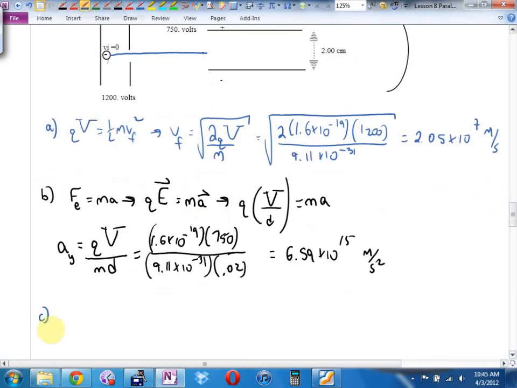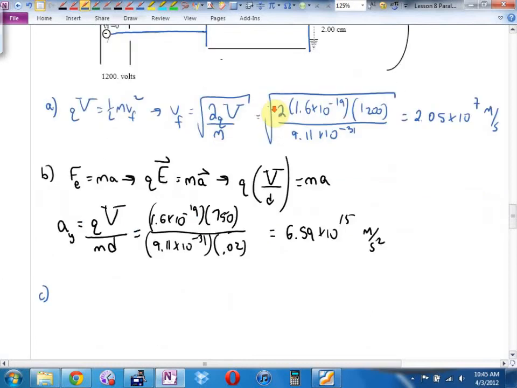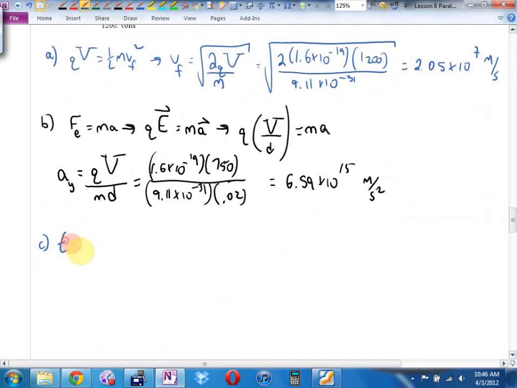Mitchell, what does C want me to find? Time to travel from here to here. In fact, the time to travel 5 centimeters. Okay? T equals, well, let's start out like this. Distance equals velocity times time, not plus a half at squared, because horizontally there is no a.